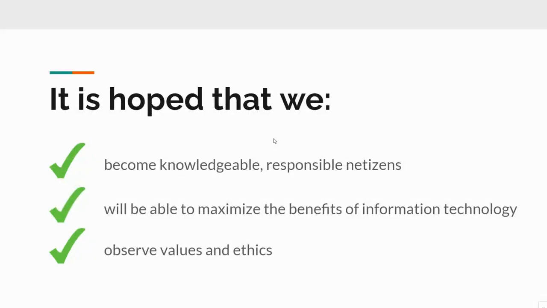So this subject hopes that we become knowledgeable and responsible netizens. We also hope that we will be able to maximize the benefits of information technology. And lastly, we hope that we observe values and ethics about the presence of information technology. So matters like privacy, given that the internet is a massive space, does privacy exist?